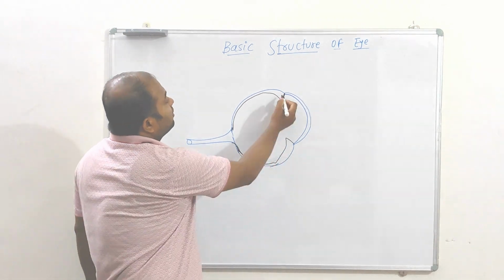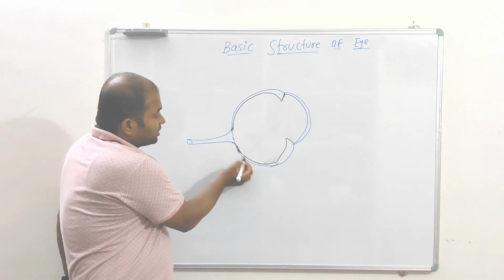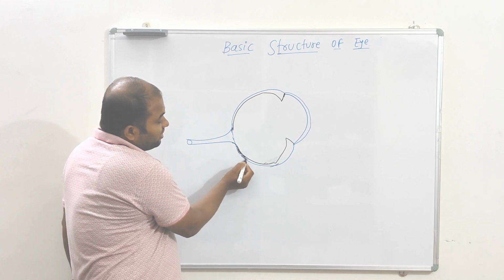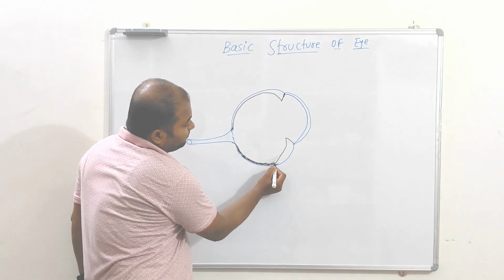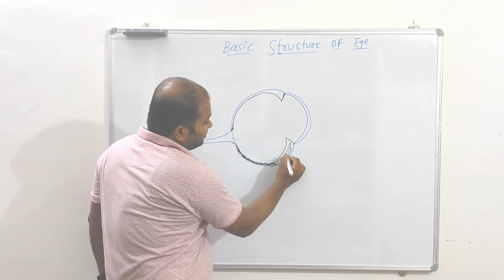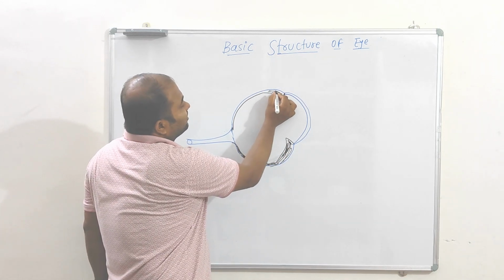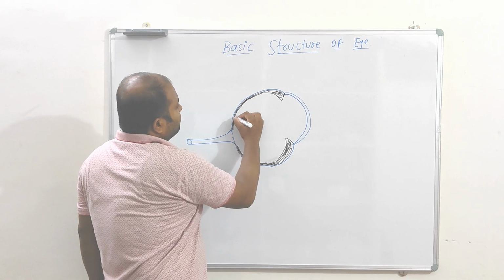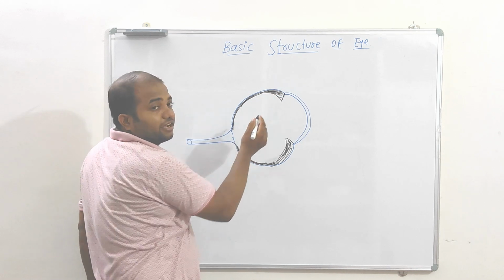This is the middle coat, also known as the vascular coat or vascular wall. Posteriorly it is thin, and when this wall moves anteriorly, it becomes thickened. This thickened part is called the ciliary body, and the posterior part is called the choroid. So the choroid continues as the ciliary body when it becomes thickened anteriorly.